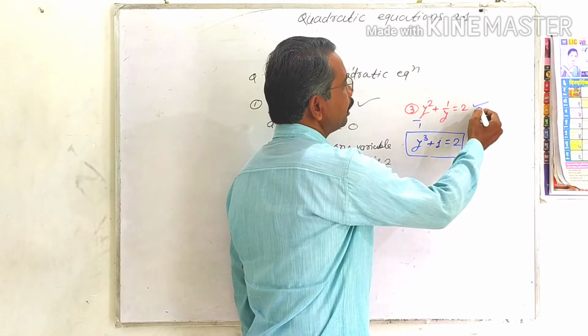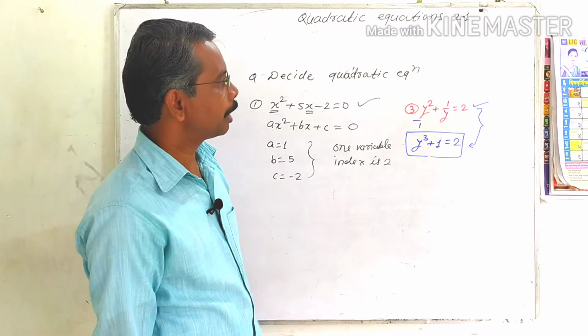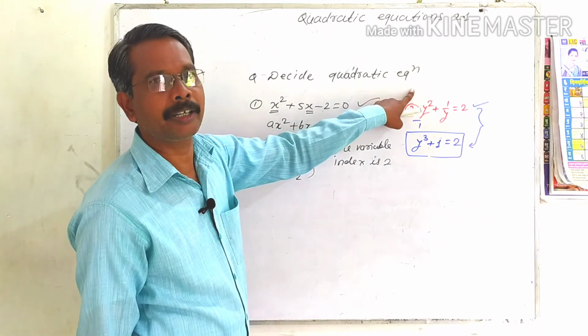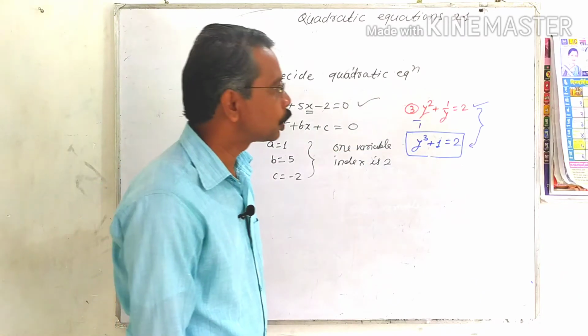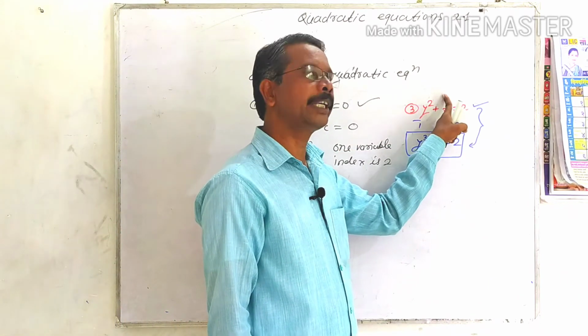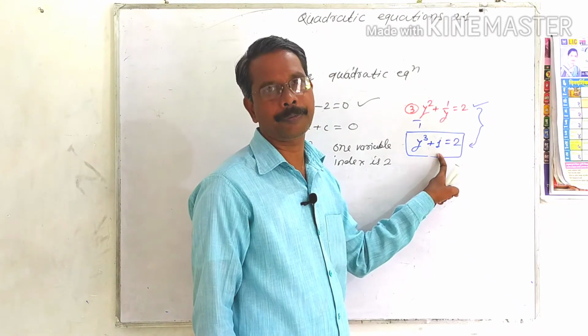The equation is the same equation, but from this form we can't decide whether it is quadratic equation or not. So we have to calculate it first and convert it into the form.